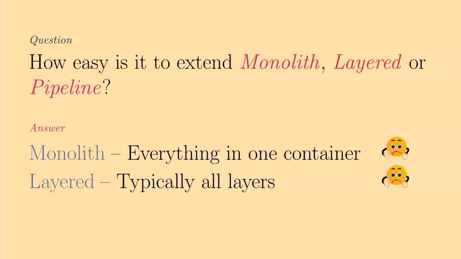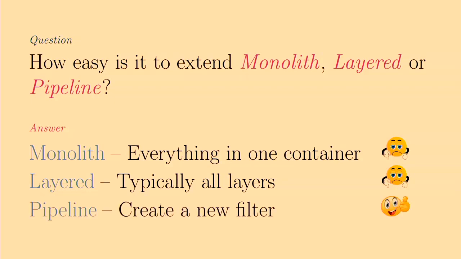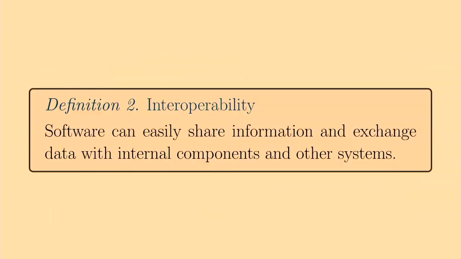Changing a technology is easier with layers, but adding functionality, eventually not so. Oh, pipeline. Well, that's easy. It's just a new filter. So I can keep adding to pipeline. Pipeline is nice from an extensibility perspective.